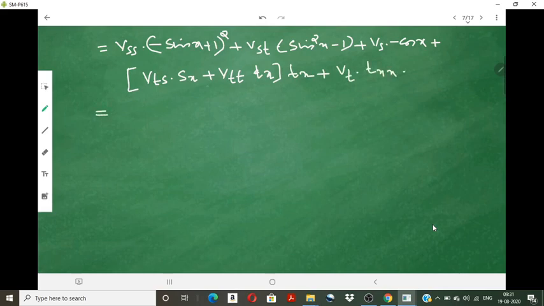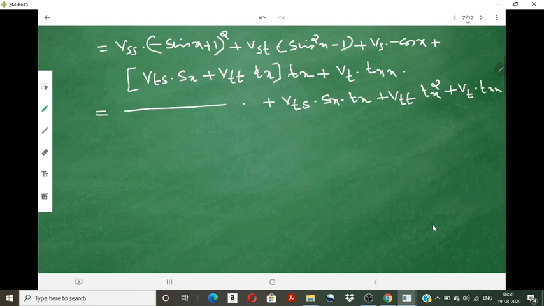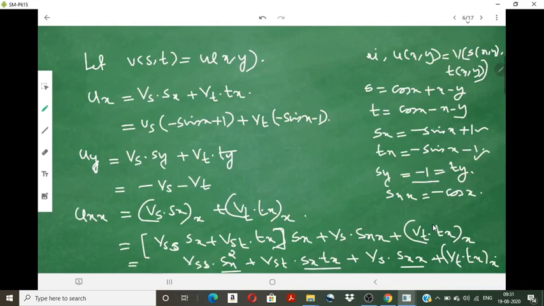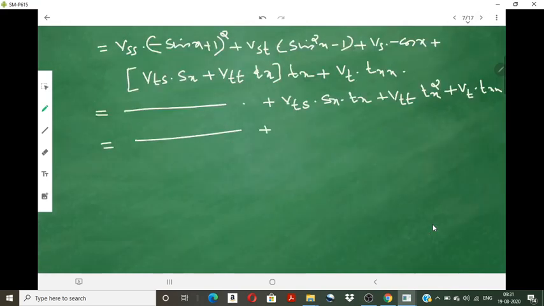Again expanding this, the first three terms are similar. Then expanding this one, the term will be Vts into Sx into Tx plus Vtt into Tx square plus Vt into Txx. Again Sx into Tx is the same, sin square x minus 1. So Vts into sin square x minus 1 plus Vtt into Tx square.